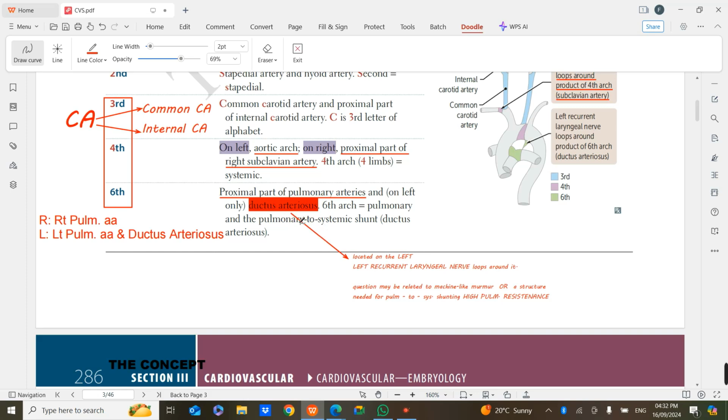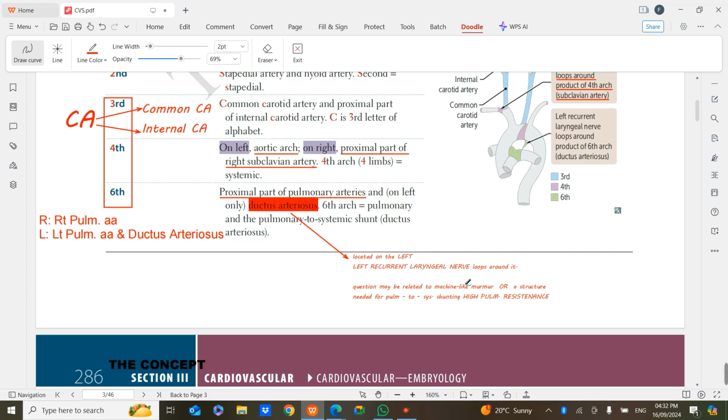That's number one. They can also relate it to a congenital heart problem and just say that the ductus arteriosus is patent. What's the embryologic origin of this ductus arteriosus? The answer is the sixth arch. So you don't want to forget the sixth arch and the ductus arteriosus. The last point under the ductus arteriosus is a nerve related to it, and that nerve is the left recurrent laryngeal nerve.